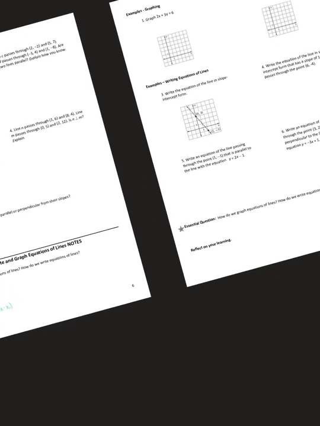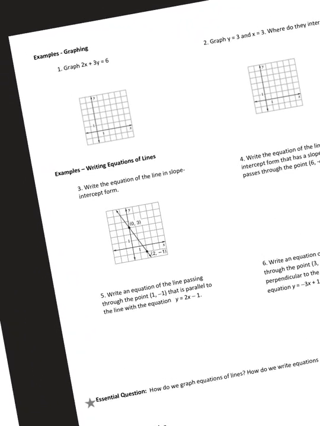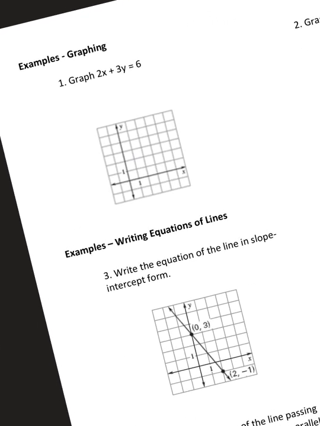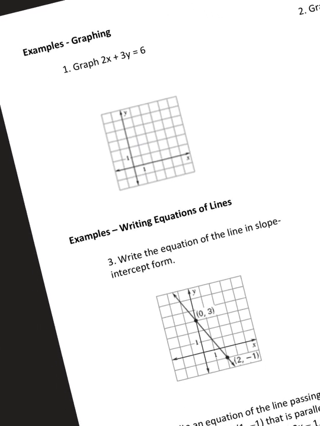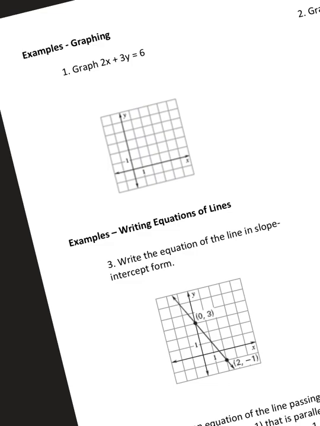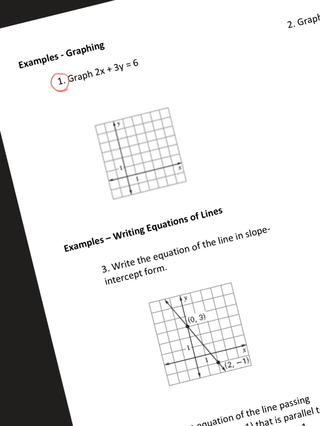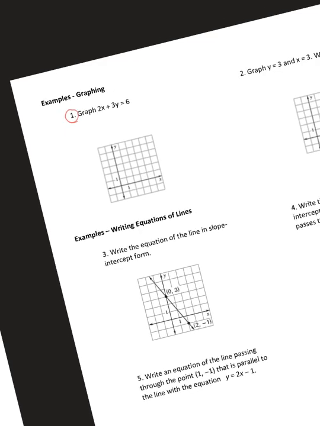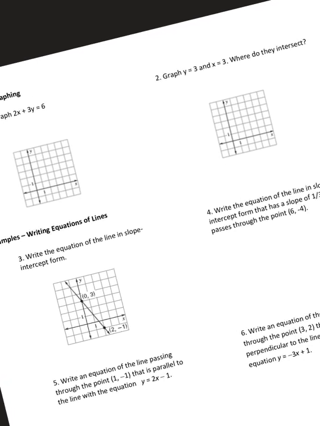So, we are going to jump right in with some examples. I am going to let you do number 1. We are starting here with an equation that is in standard form, and you can put it in slope-intercept form and graph it, or if you're familiar with finding the intercepts, that's another way to graph in standard form.